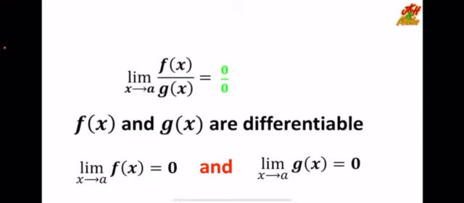So the limit of f(x) over g(x) when x approaches a is 0 over 0. So then this limit is indeterminate.